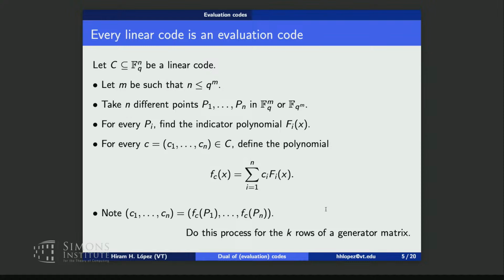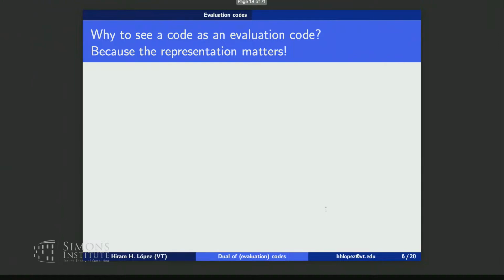In general, you can find the representation, and the highest power that you find in the polynomials is a natural bound for the minimum distance, right? It's called the footprint bound. So you have a bound that is not coming from the linear code if you don't have the evaluation representation. Okay, representation matters.